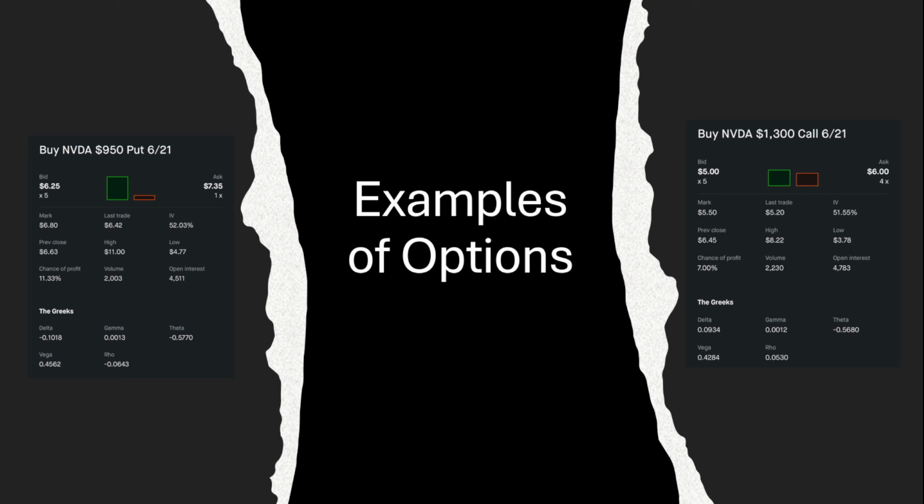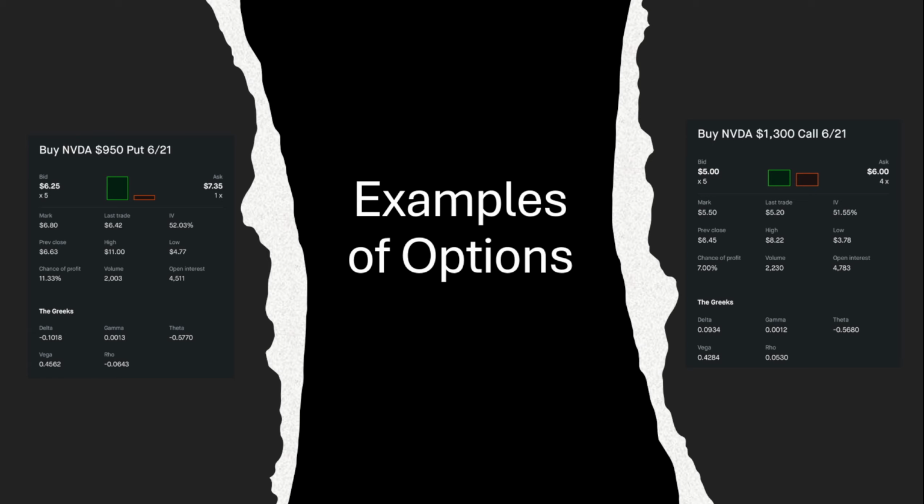But then you have to factor in the rest of the Greeks, because if you go to theta, every day that you hold that, theta is going to drop the premium of that option by that much every single morning, just for holding it overnight. So let's say Nvidia's at 1300 and this contract's at like $5.